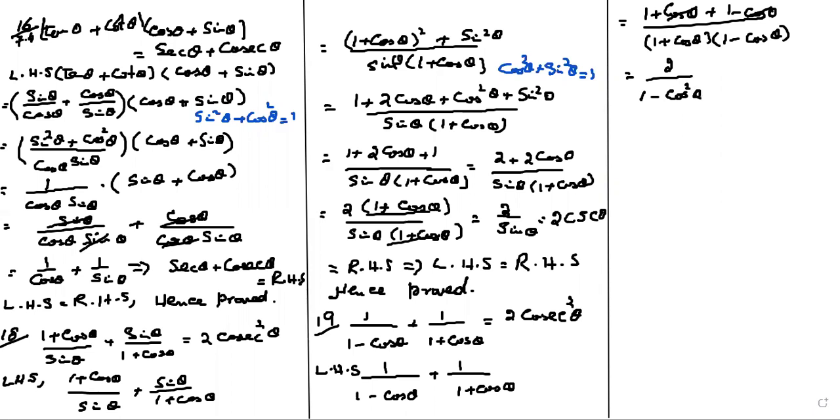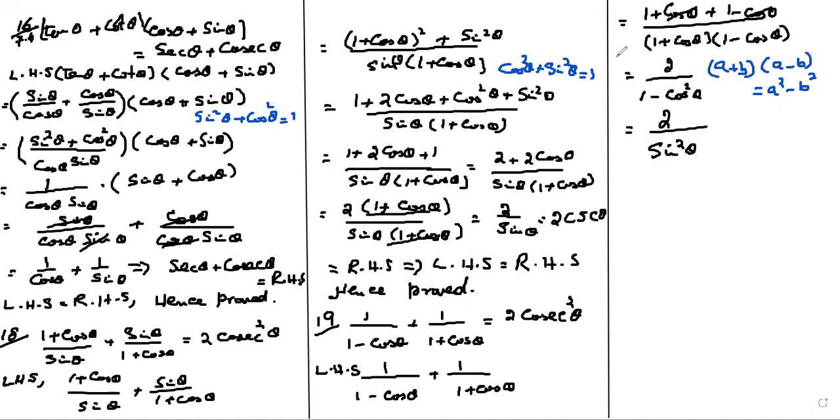Right, a little explanation of this. (a plus b) times (a minus b) equals a square minus b square, right? So 1 minus cosine square theta is equal to sine square theta, so we have 2 over sine square theta.